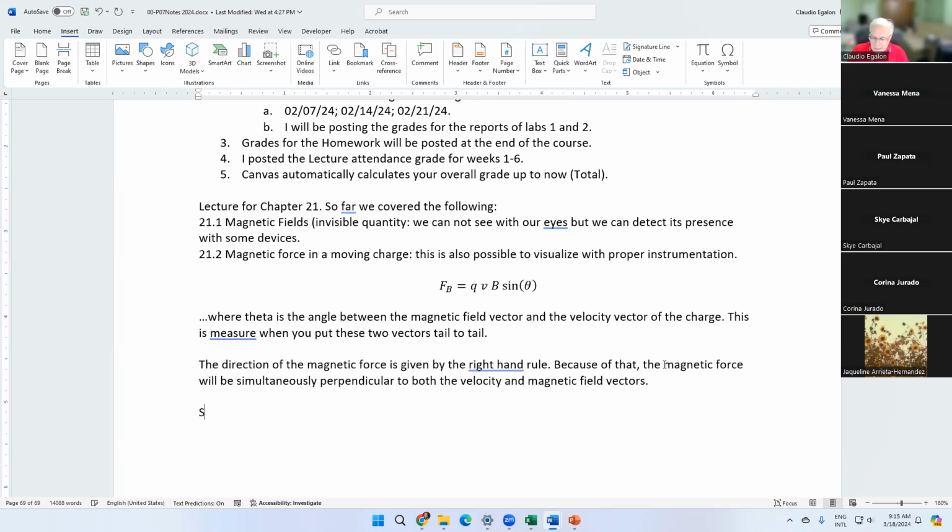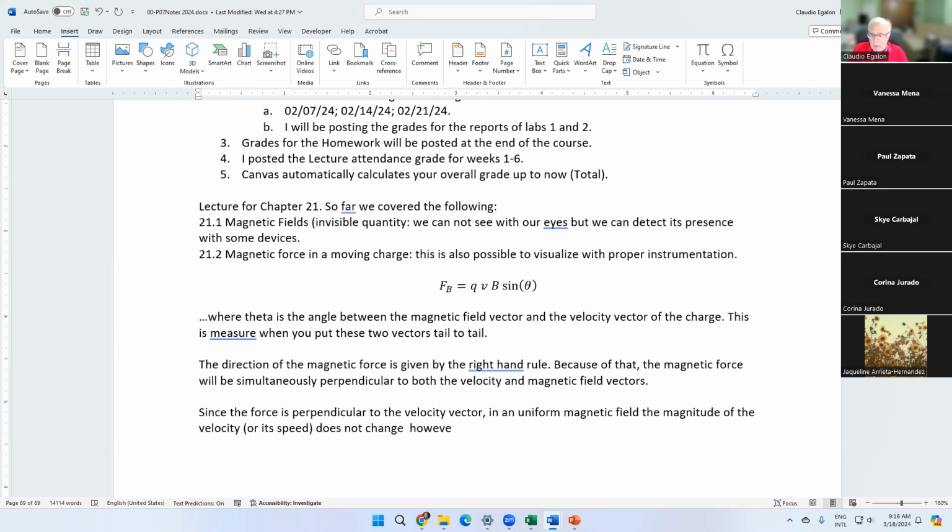Since the force is perpendicular to the velocity vector in a uniform magnetic field, the magnitude of the velocity, or its speed, does not change.